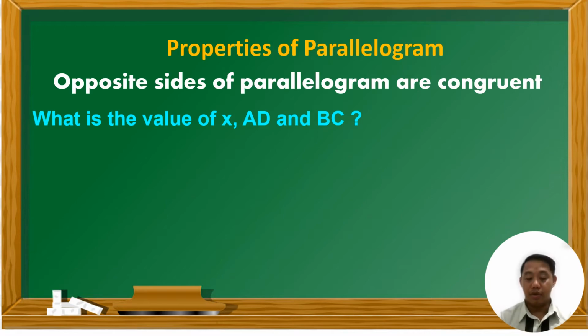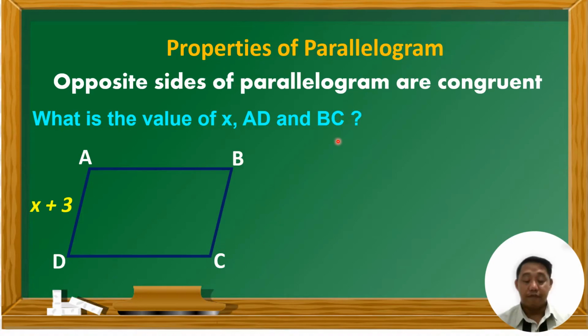Opposite sides pa rin tayo ng parallelogram. In here, you're asked to find the value of x, AD, and BC. If AD is equal to x plus 3, and BC is equal to 2x minus 7. Again, ulitin natin yung properties. Opposite sides of parallelogram are congruent.